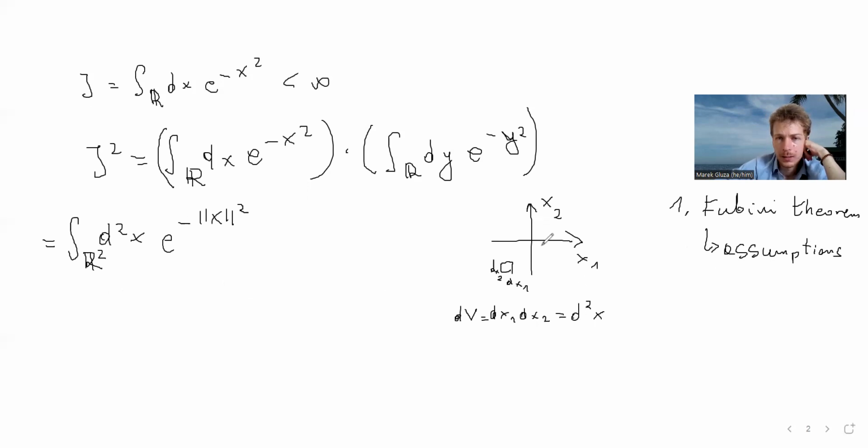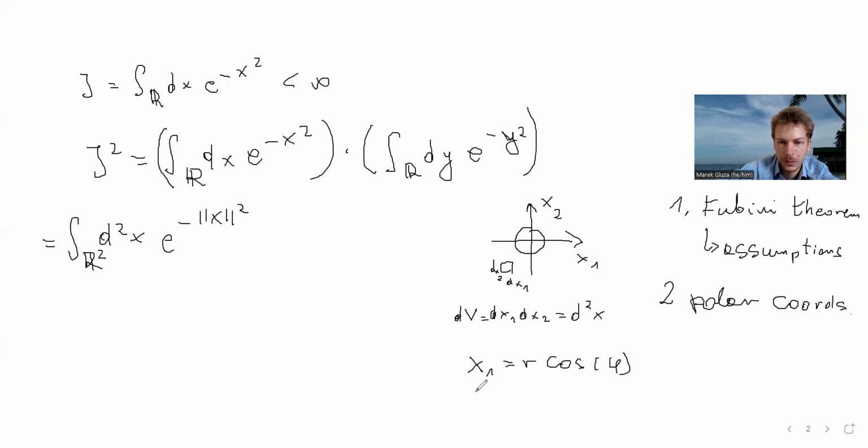Okay. The next thing is going to polar coordinates. So here we need to have the correct Jacobian. So second is polar coordinates. And here we will have x1 equals r cosine phi, x2 equals r sine phi.